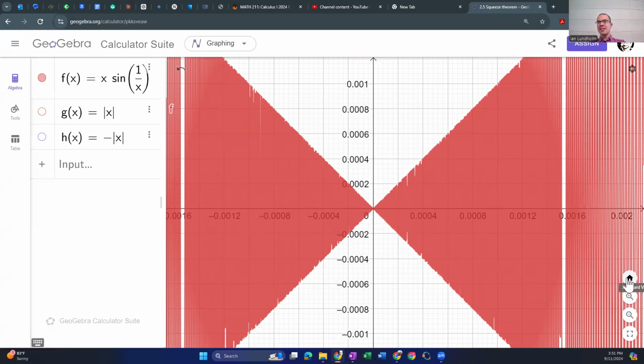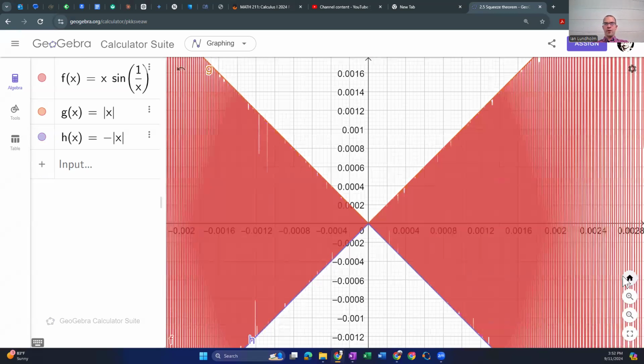This is a great opportunity for the squeeze theorem. This hourglass shape is a great hint as to what functions we might want to use to bound this misbehaving function on top and bottom. The absolute value of x is going to be a good upper limit, and the opposite of the absolute value of x is going to make a good lower limit.